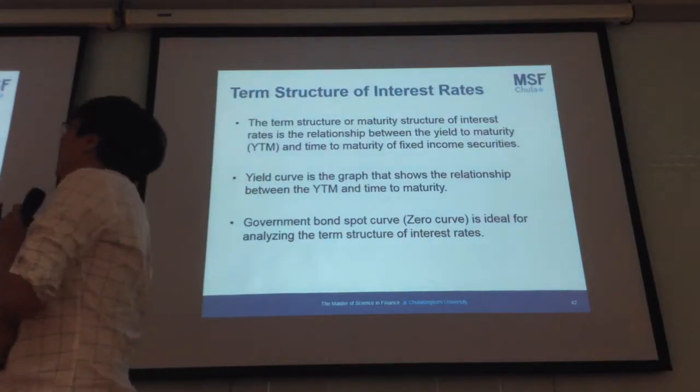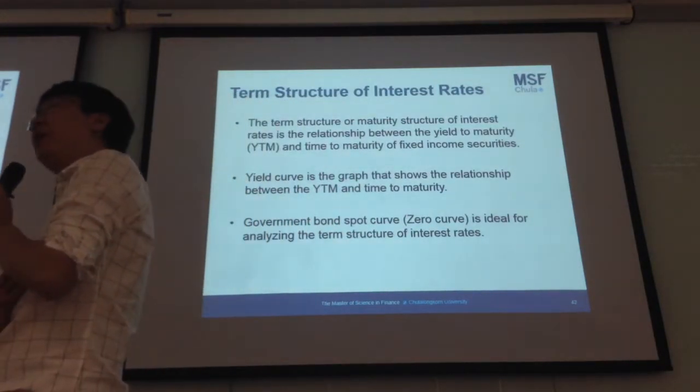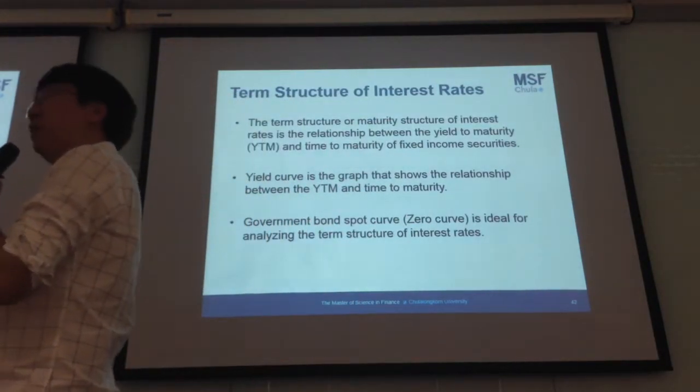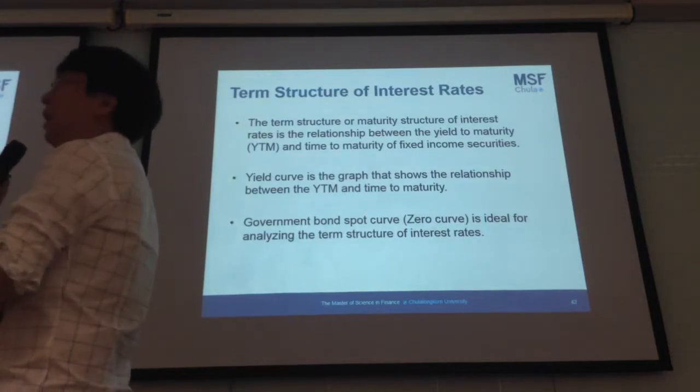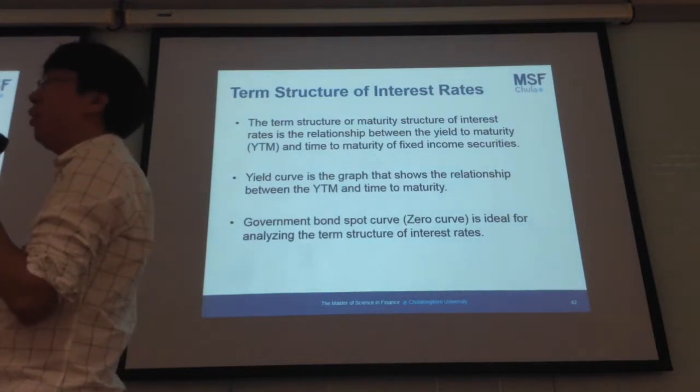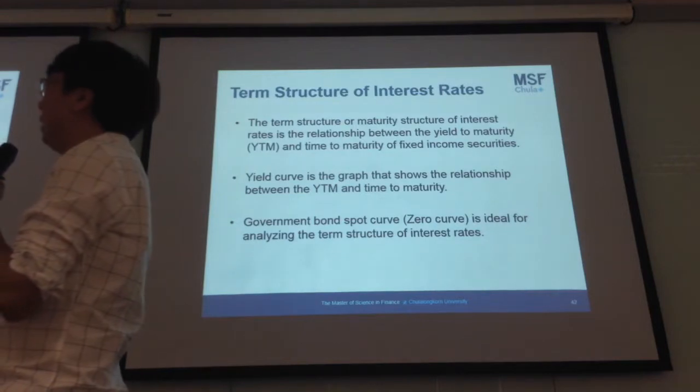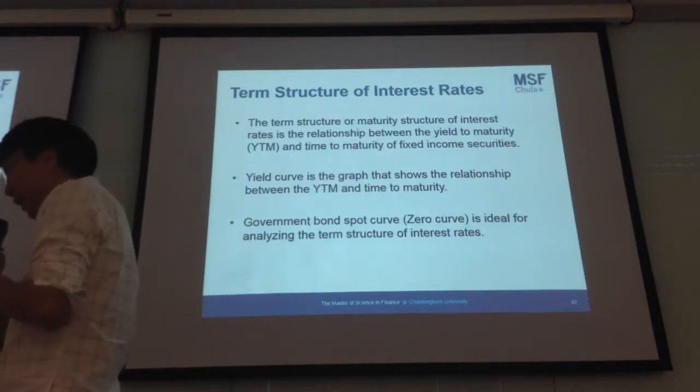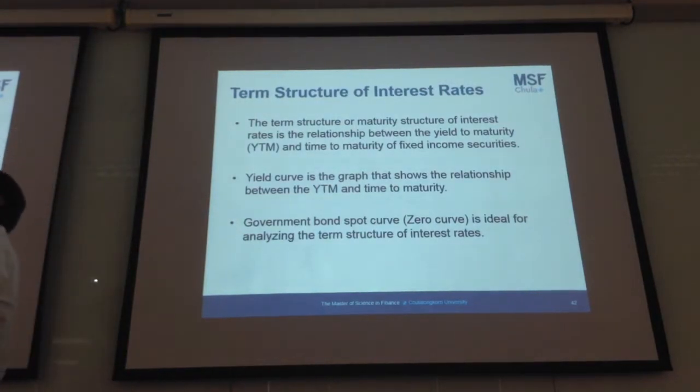Term structure. We'll talk about term structure again in the near future. But in this step, what you need to know is that the term structure means the relationship between the interest rate in different maturity. Right? There might be some different shapes: upward sloping, downward sloping, or hump shape.